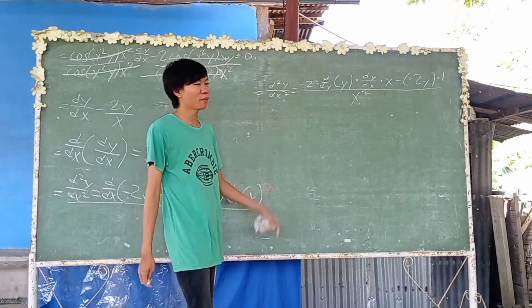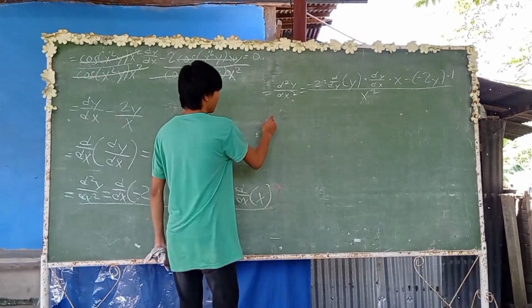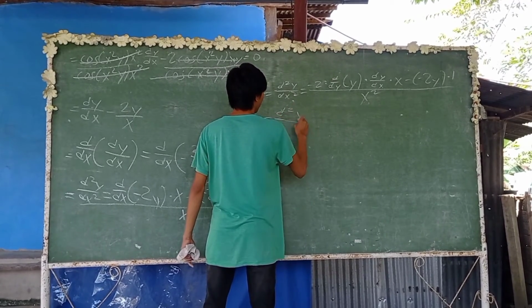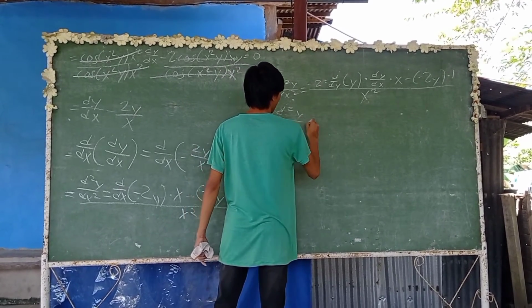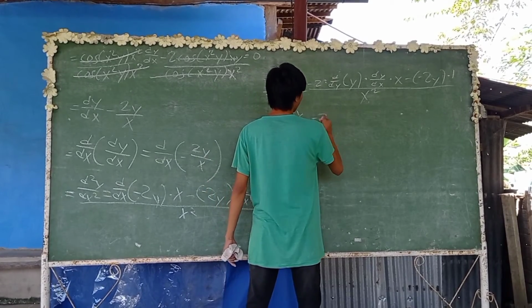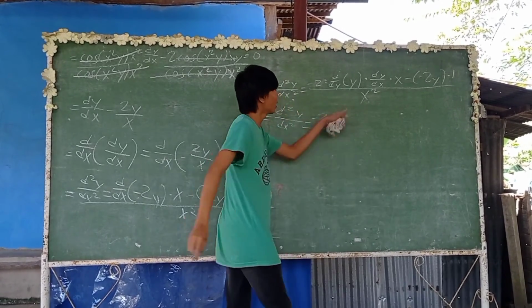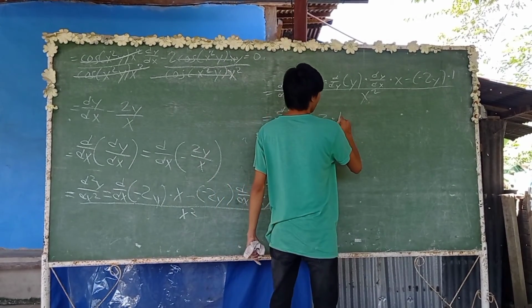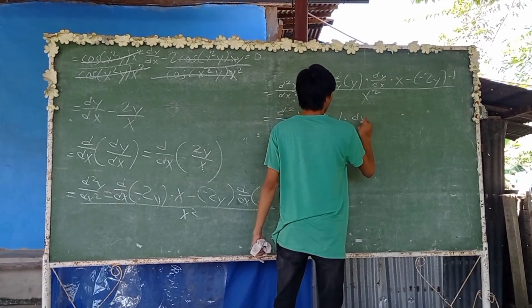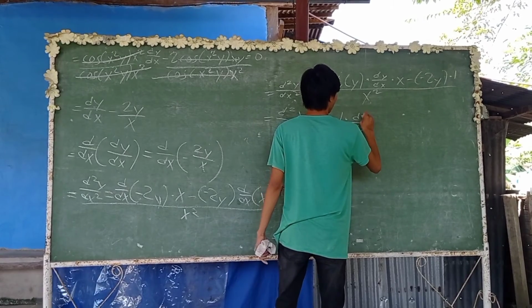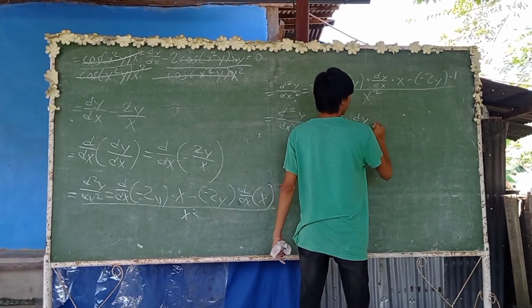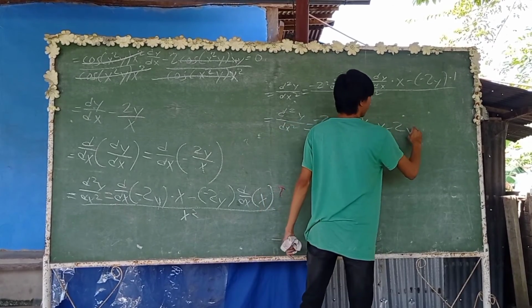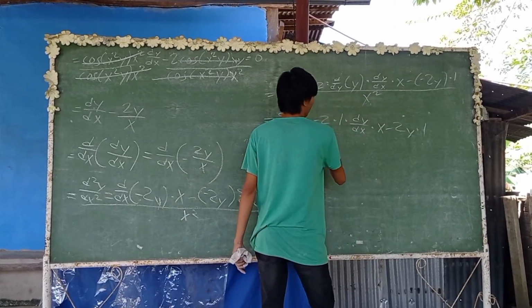Next process is simplify. So d squared y over dx squared is equal to negative 2. Then the derivative of y is 1. So times 1 times dy over dx times x minus 2y times 1, all over x squared.